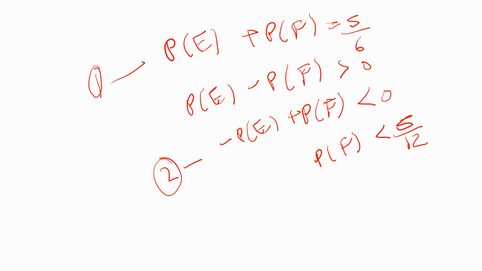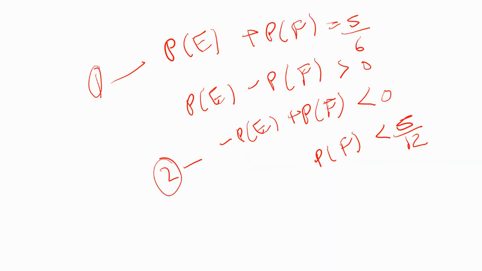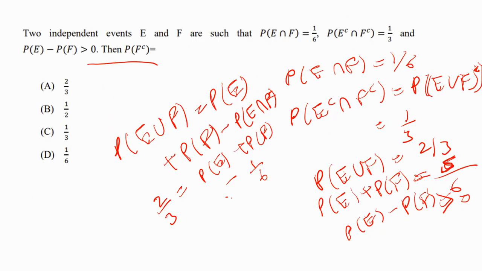Now we want to find the probability of F complement. So 1 minus probability of F will be greater than, if we take the minus sign, 1 minus 5 upon 12. That means probability of F complement will be greater than 7 upon 12.